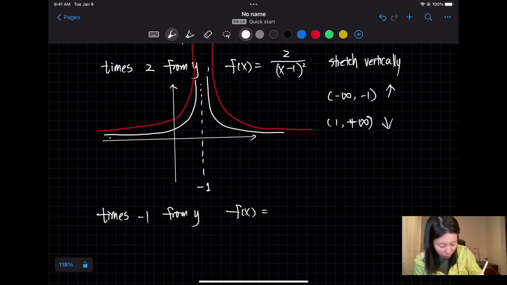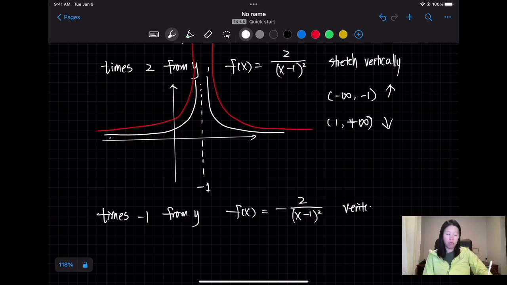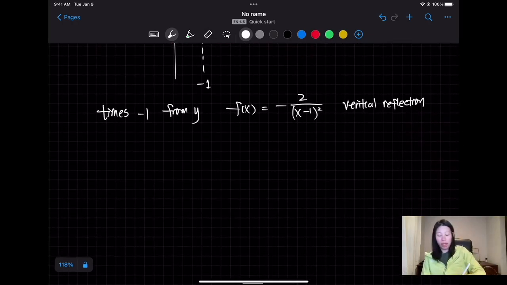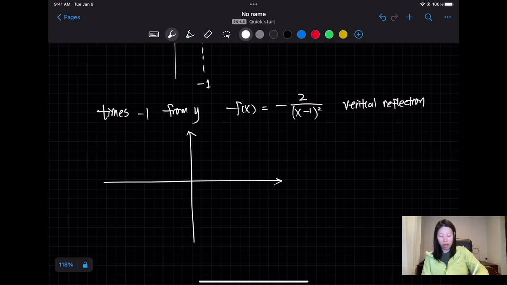So your function becomes negative 2 over x minus 1 squared. If it's negative, that means you're going to have a vertical reflection. So from the last graph, your function looked like this one, right?